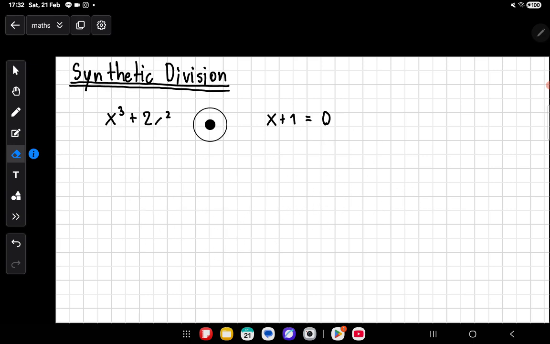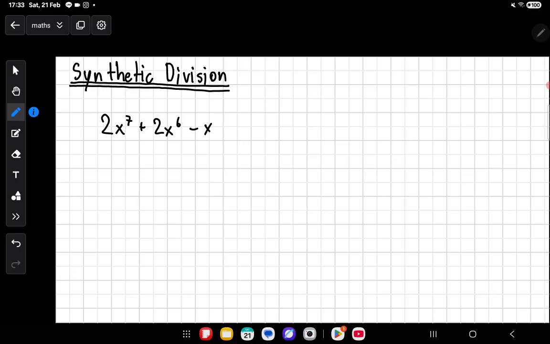So let's give you a little exercise. I want you to try dividing 2x to the power of 7 plus 2x to the power of 6 minus x to the power of 5 minus x to the power of 4 plus 2x cubed plus 2x squared minus x minus 1.